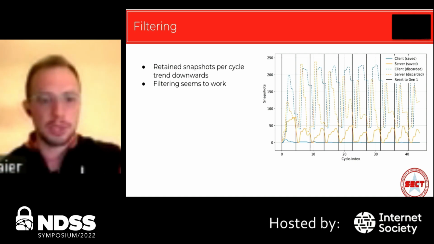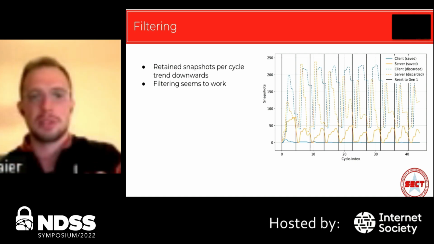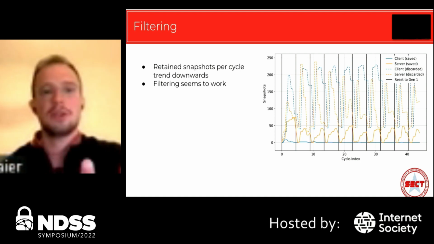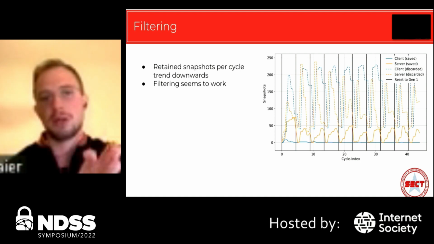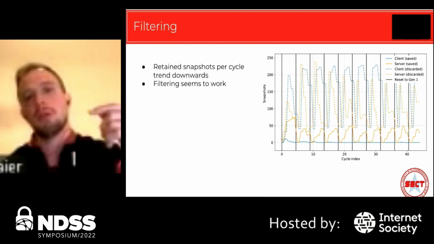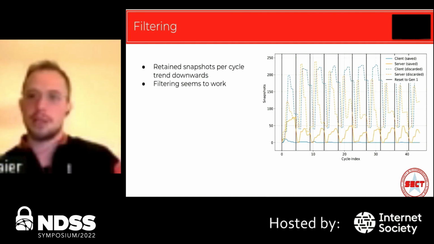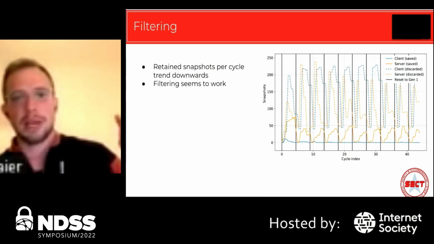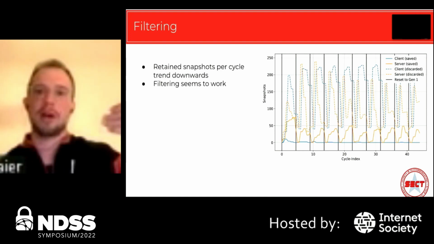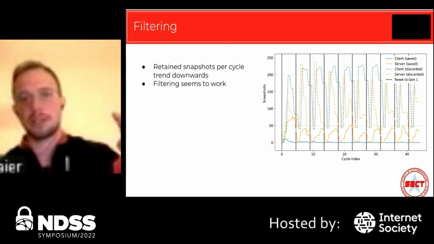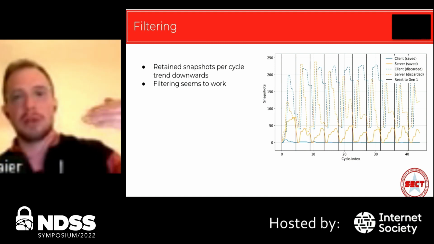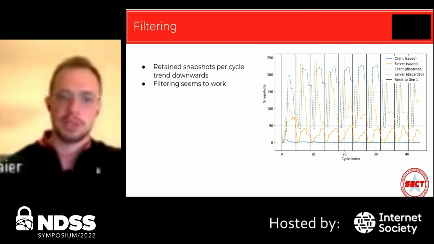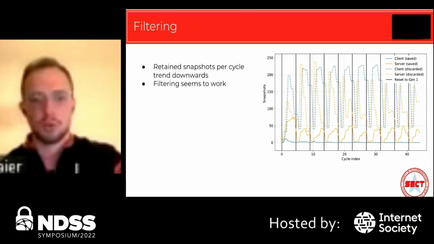The blue and yellow lines are the ones that we actually take. So you see, for every generation we have some new snapshots, but it's not growing exponentially as you may expect. Actually, the client pretty fast has no more new states to discover, and the server still finds some new states up until the end, but it's not growing too far.